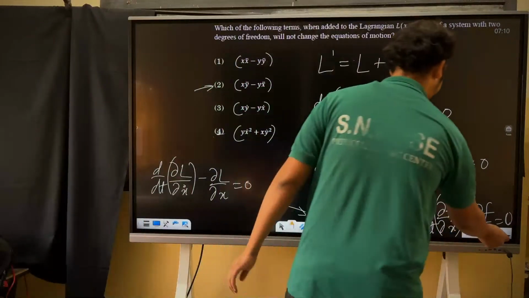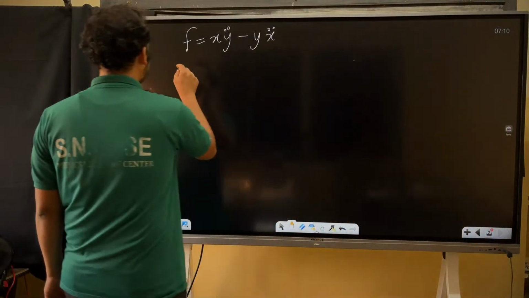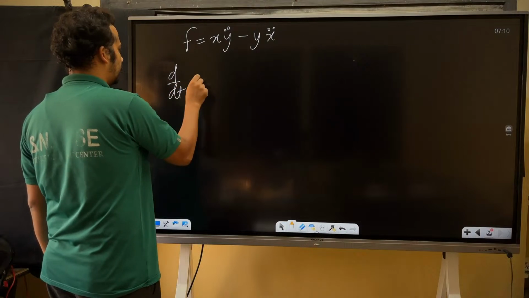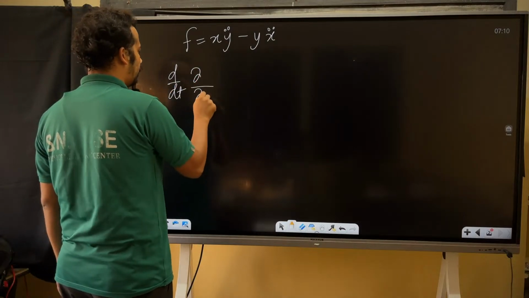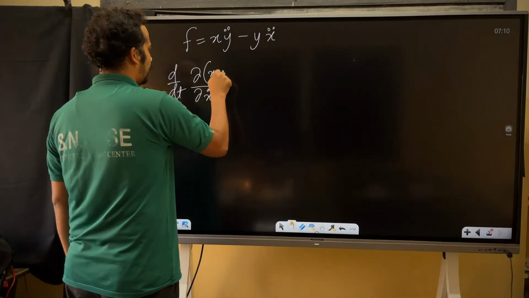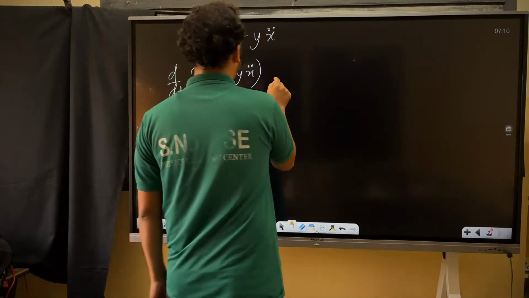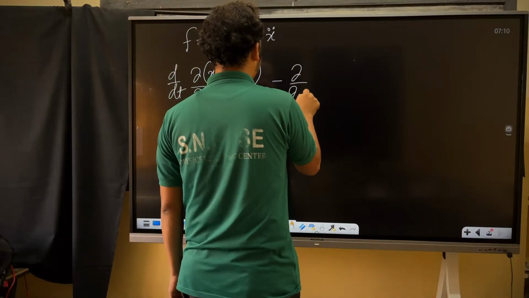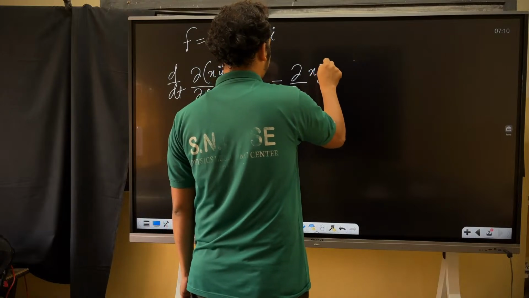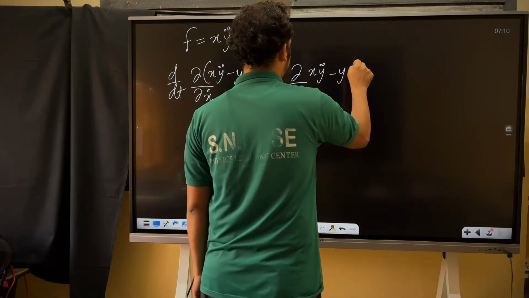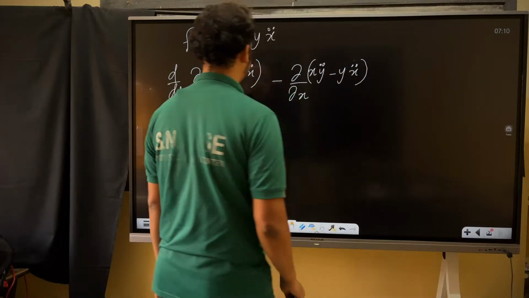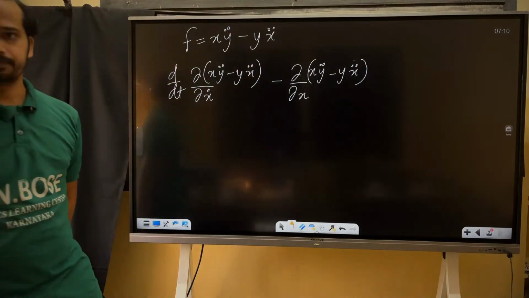So now: d/dt of ∂/∂ẋ of (xÿ minus yẍ), minus ∂/∂x of (xÿ minus yẍ). This should be 0.